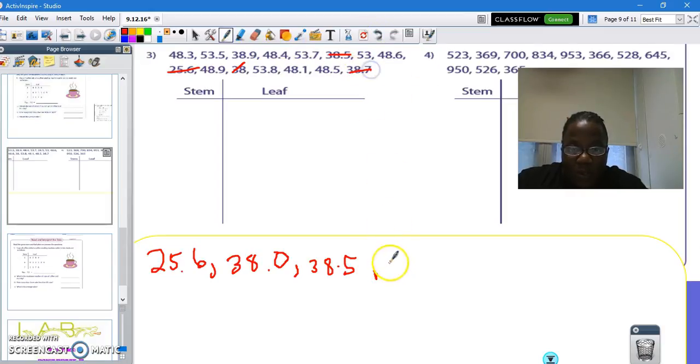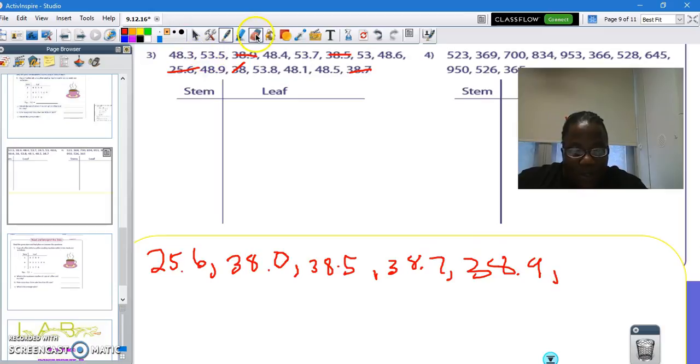Then 38.7. Then 38.9, it looks like. 38.9. That takes care of that.